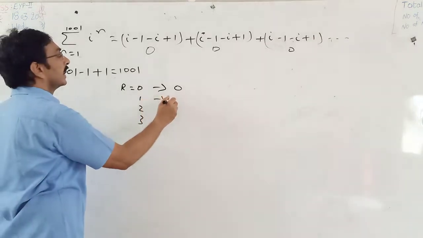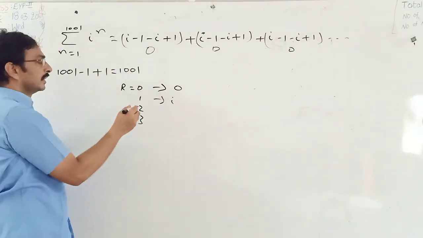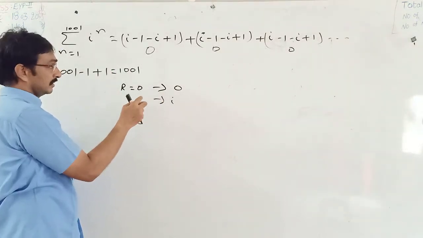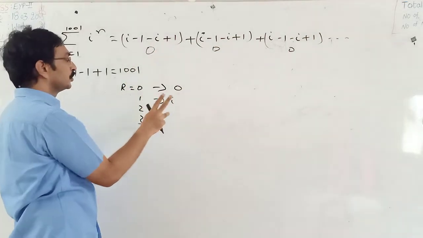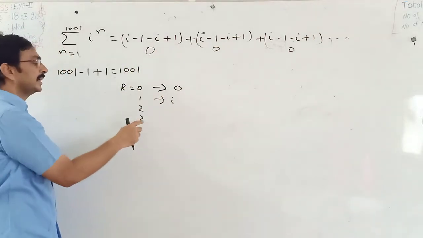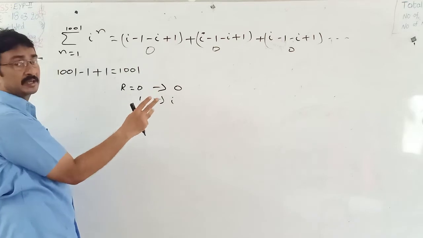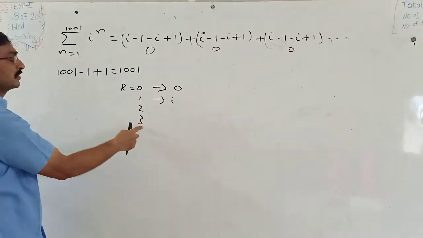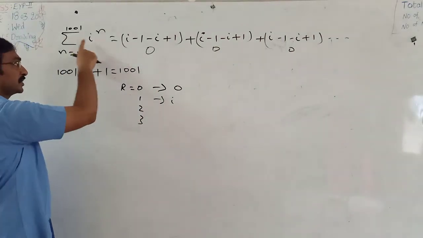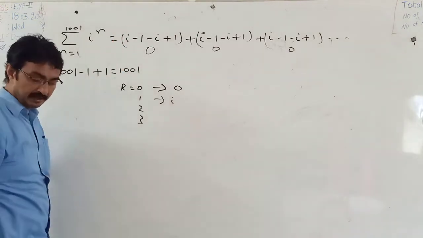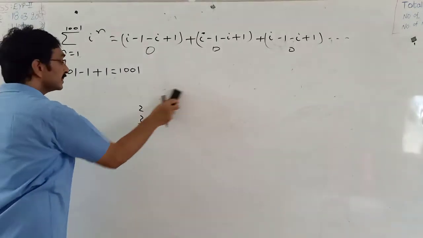That means the n equal to 1 case or the n equal to 1001 case. Remainder 2 means the number of remaining terms is 2. Remainder 3 means the number of remaining terms is 3, and those 3 terms are the first 3 terms or the last 3 terms. This is the working rule.